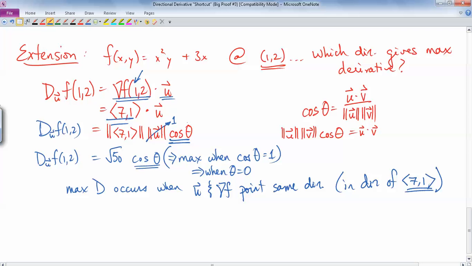If I asked for the most negative slope, you would want cos theta to be -1, which means you're pointing in the exact opposite direction. So you get the minimum derivative when u and the gradient of f point in exactly opposite directions. So then it would be -7, -1 instead.